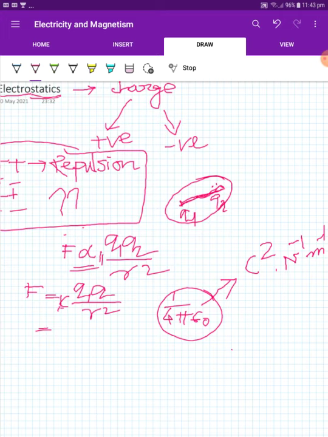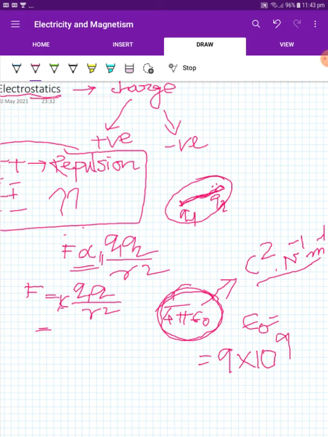In free space epsilon naught is 8.854 into 10 to the power minus 12 Coulomb square per Newton per meter square, and this value, that is 1 by 4 pi epsilon naught, is simply equal to 9 into 10 to the power 9 Newton meter square per Coulomb square.